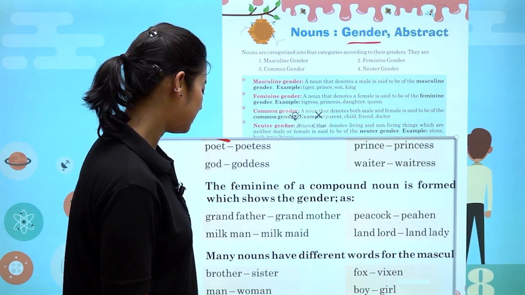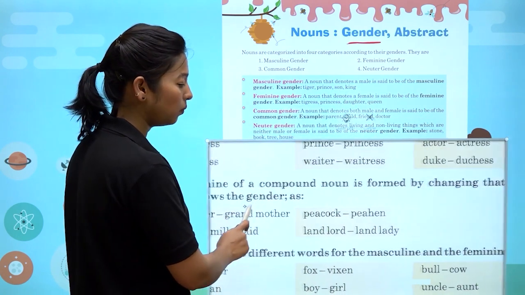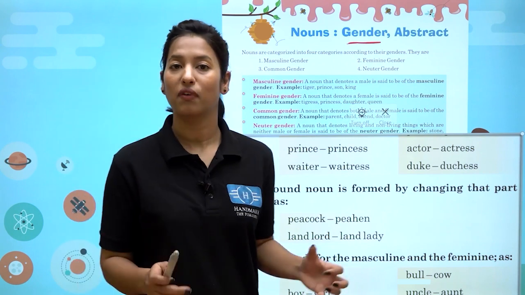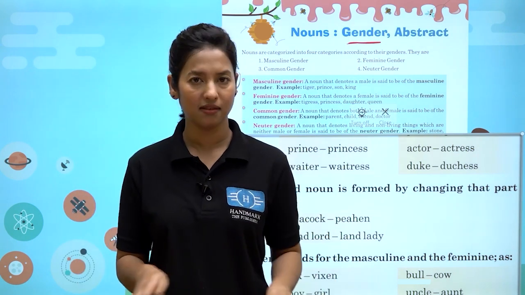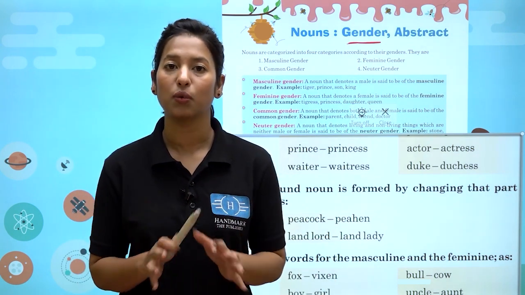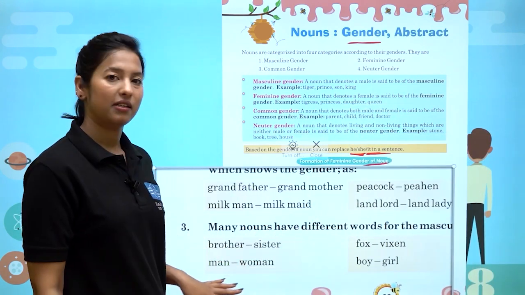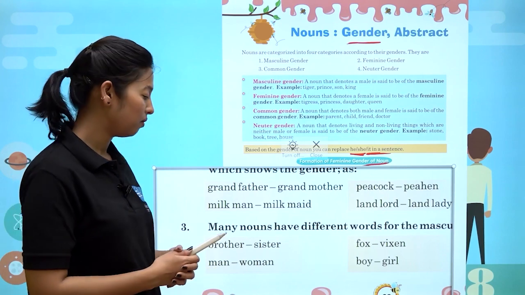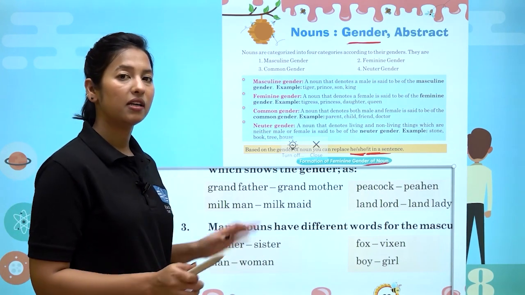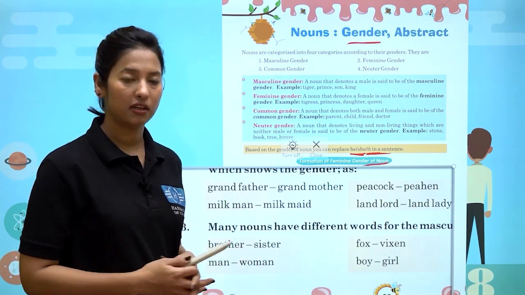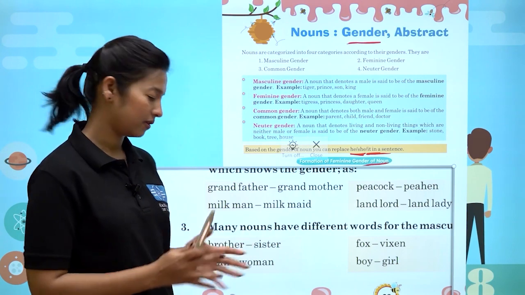The next rule says many nouns have different words for the masculine and feminine genders. Meaning we do not change them, we have a separate word for them. For example, brother is a masculine gender, but sister is a feminine gender. Both are totally different words.